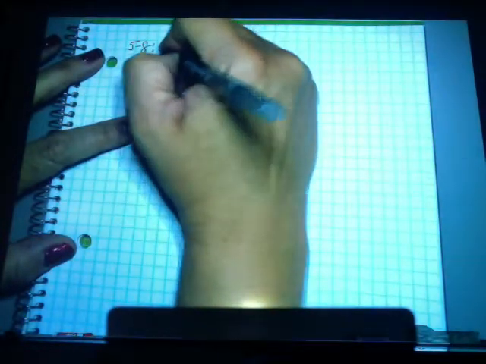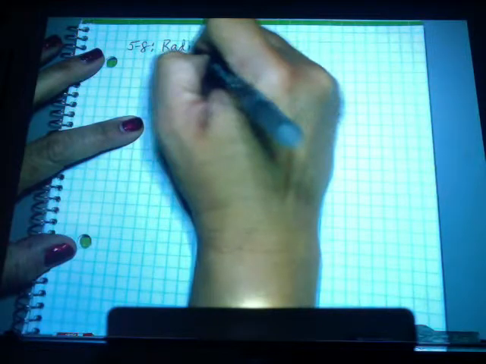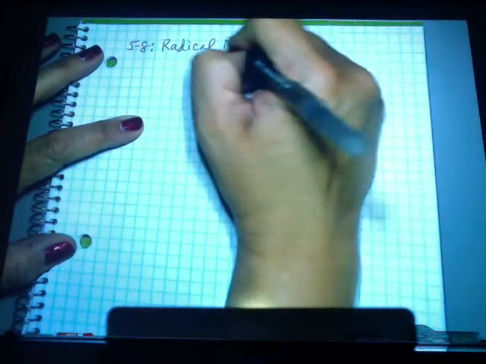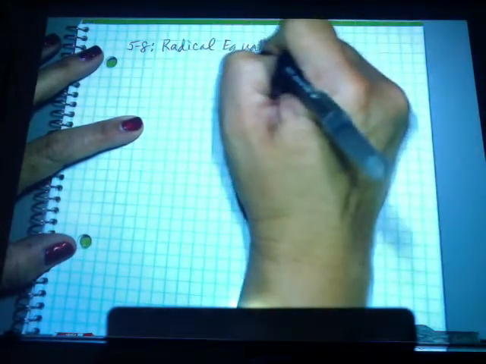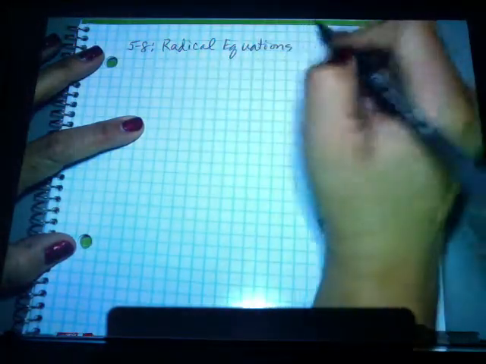Alright, so section 5-8. We will be looking at radical equations and inequalities.